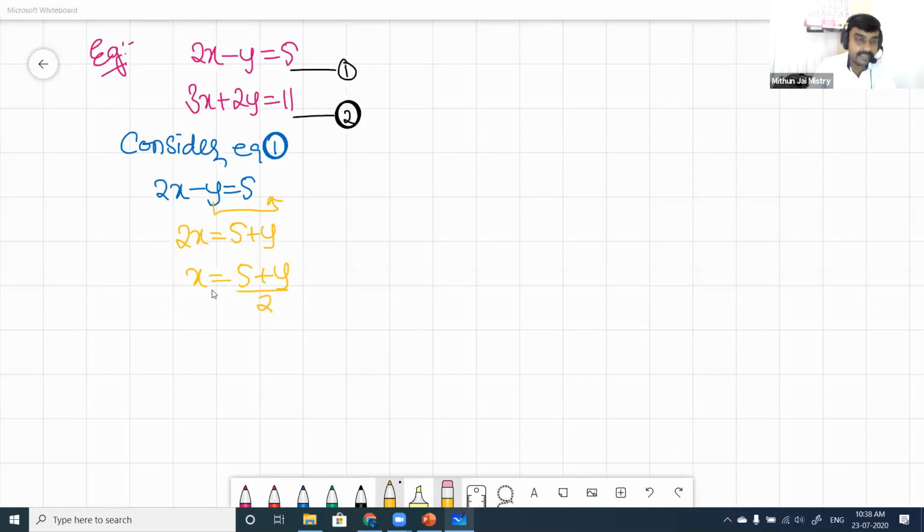We changed x in terms of the variable y. In future, you can substitute x as (5 plus y) by 2; in the place of x, you can write (5 plus y) by 2.